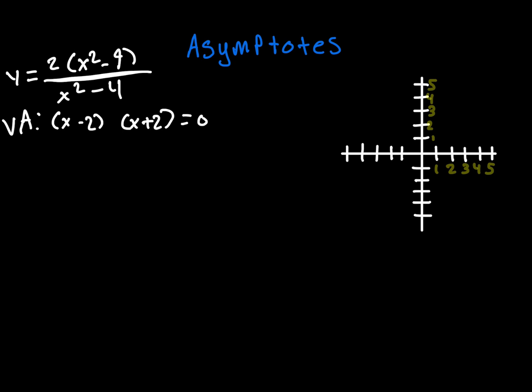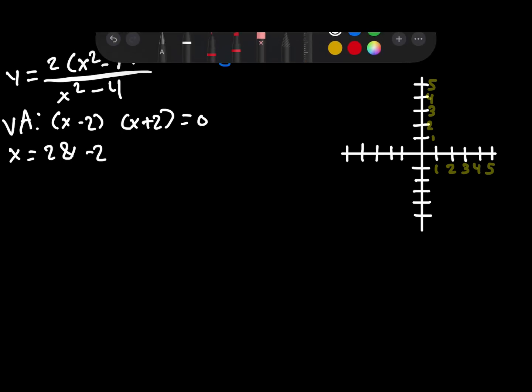We have to think about what plugged into x would output 0. These numbers would be 2 and -2, which would mean our vertical asymptotes will be located at x equals 2 and x equals -2. And yes, there could be more than one asymptote for either horizontal or vertical.